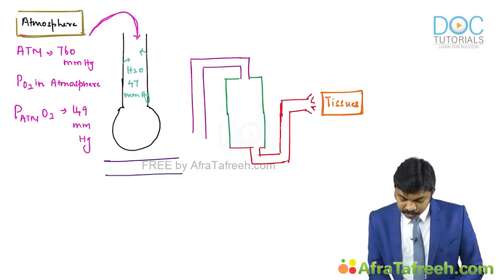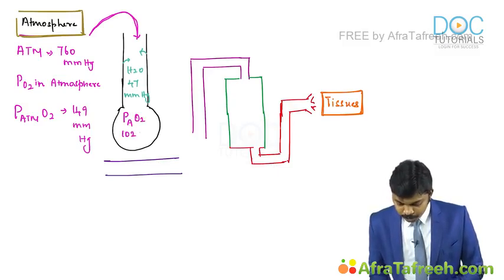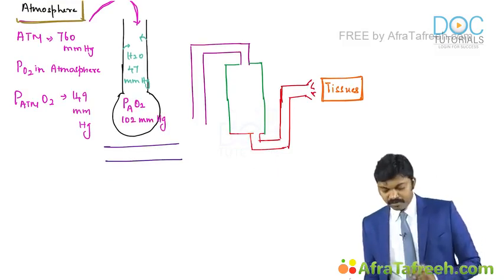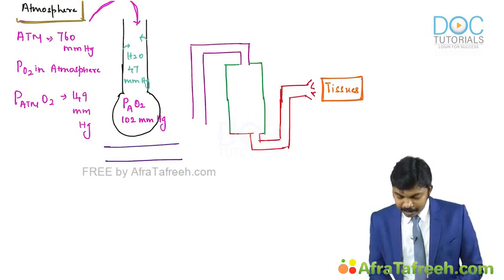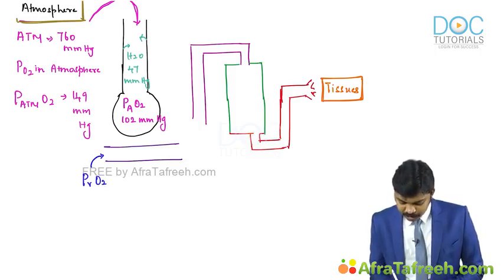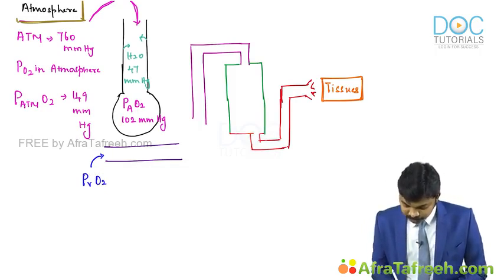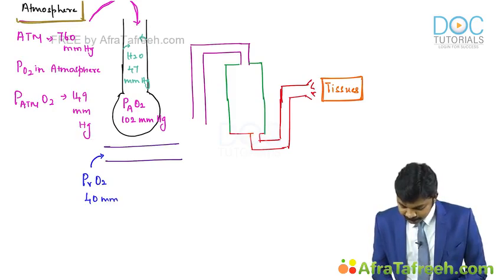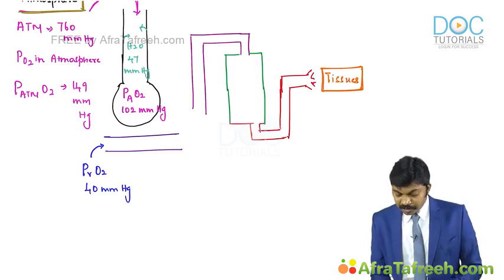So, the partial pressure of oxygen in alveoli, abbreviated as PAO2, is going to be 102 millimeters of mercury. Fine. The venous blood in the pulmonary capillary, when it reaches the alveoli, has a partial pressure of oxygen of 40 millimeters of mercury. There is a huge pressure gradient, isn't it?